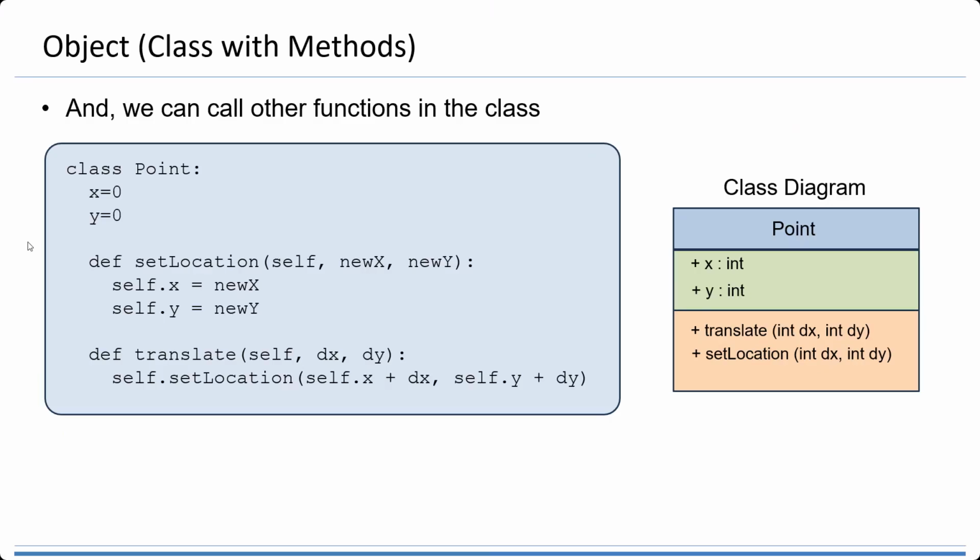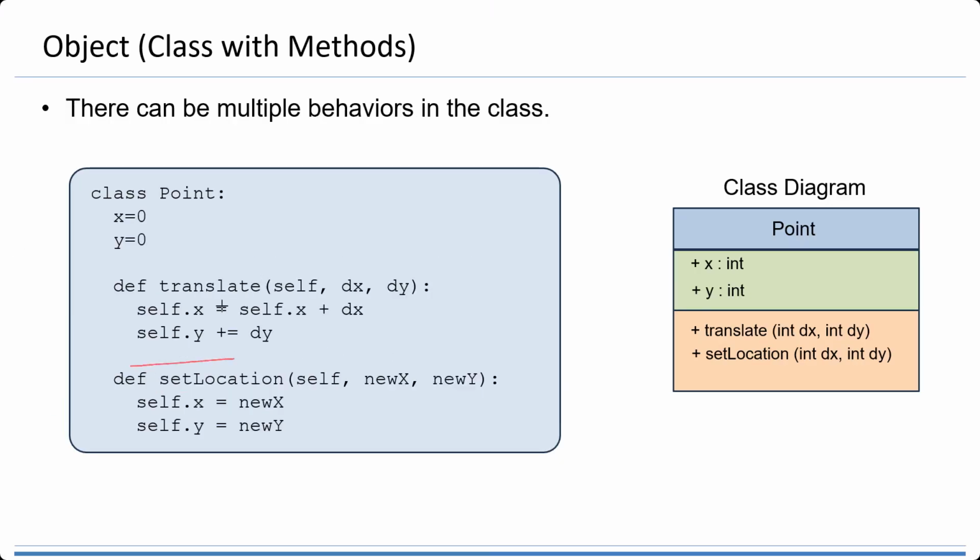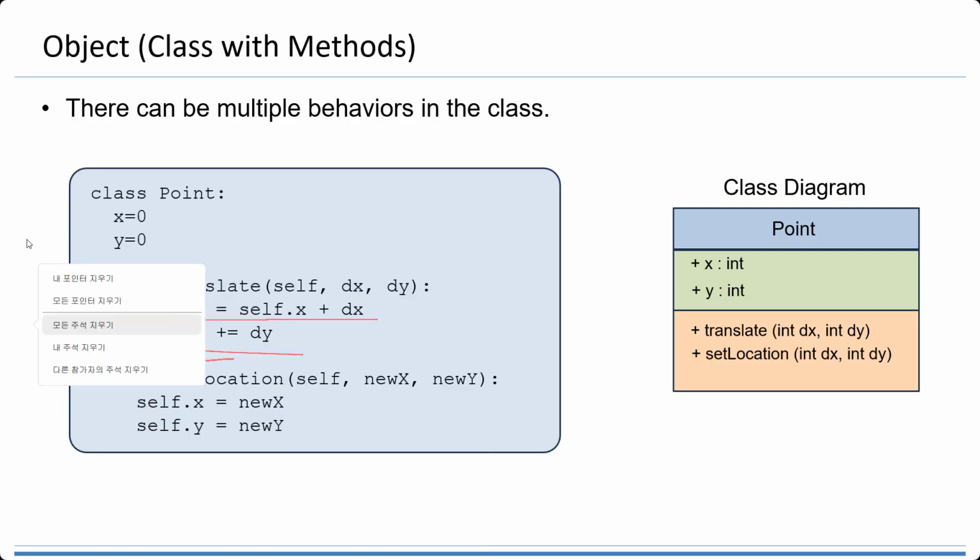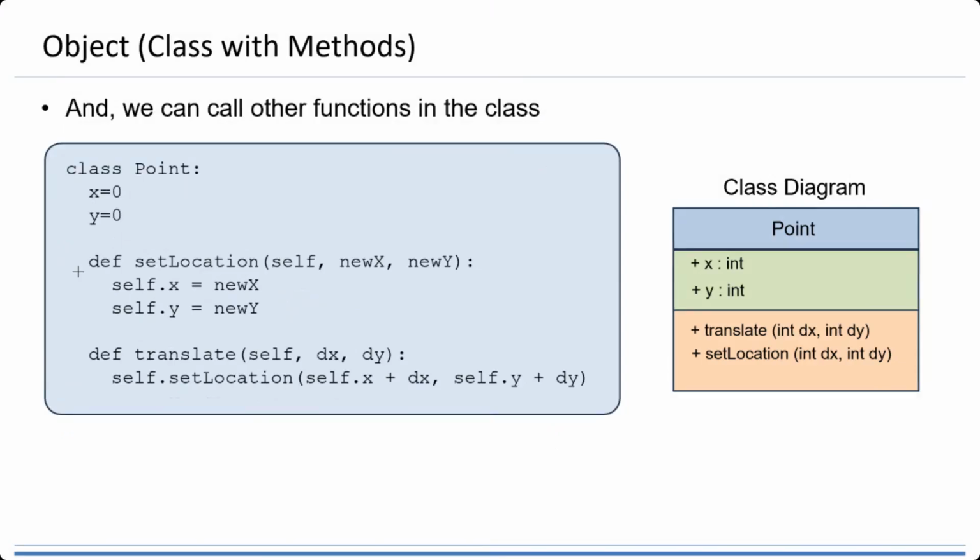If you look at the previous Python code, we have translate, and when we use the translate, we do the plus. Now I'm changing the function statement by using the self dot set location. So what is set location? This is a function. I'm using the set location to update the x.